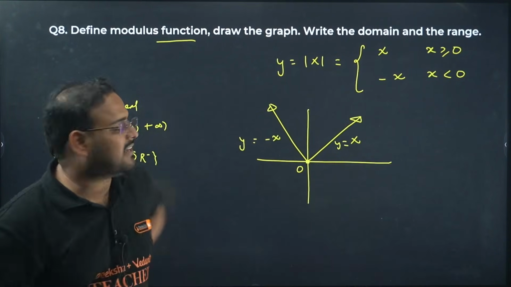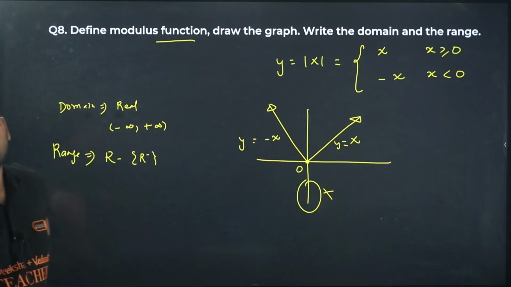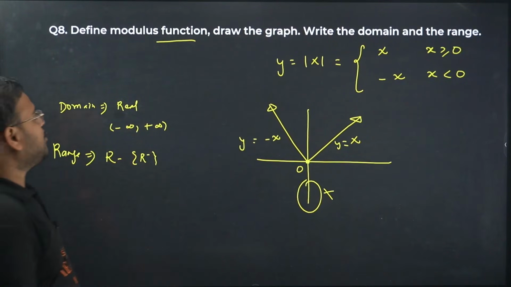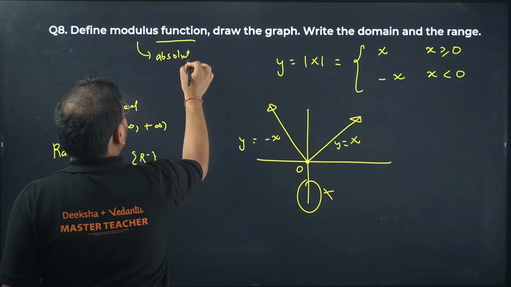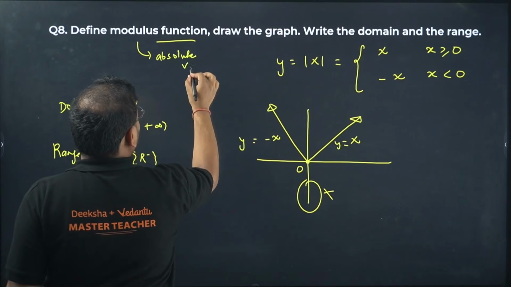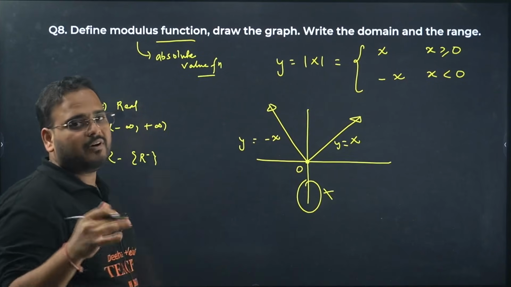Just the negative parts are not present. This is your range. This is also called the modulus or absolute value function. It gives us only the positive value of a given result.